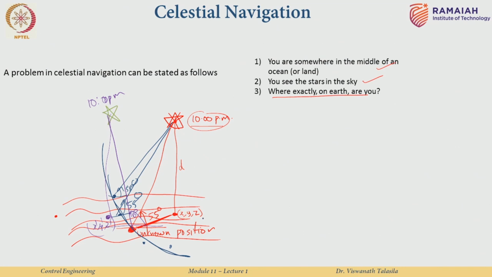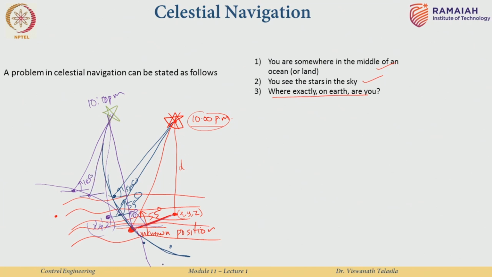We saw with x, y, z, I am able to calculate this distance, and I know that I am somewhere on this great circle. With this new position I can again do the same, and what I would get is a different arc, right. Maybe it is something like this, which means that anywhere on this circle I will see this star at that 110 degrees, whatever we mentioned, right.